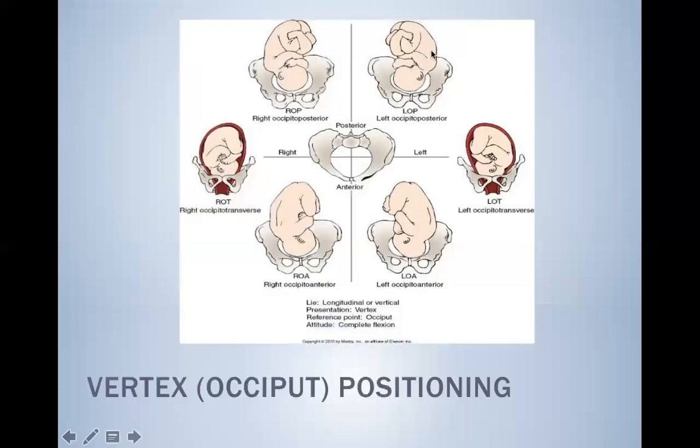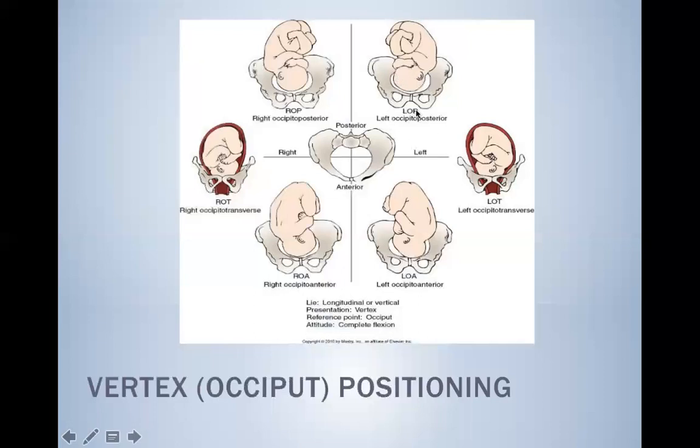Here we have the baby's back kind of towards mom's spine. So with our OP positions, which is occiput posterior, the occiput is not going to be the presenting part of the head. Instead, we're going to have the frontal area as the presenting part.